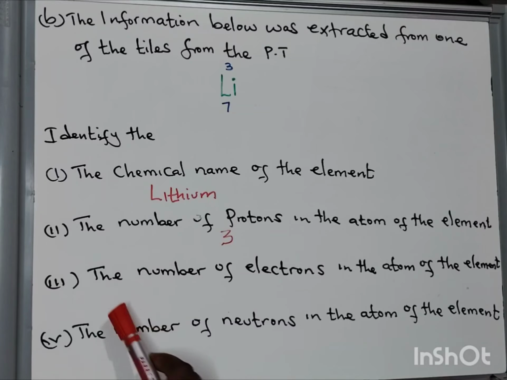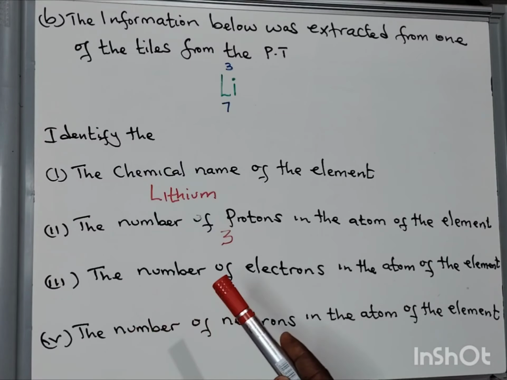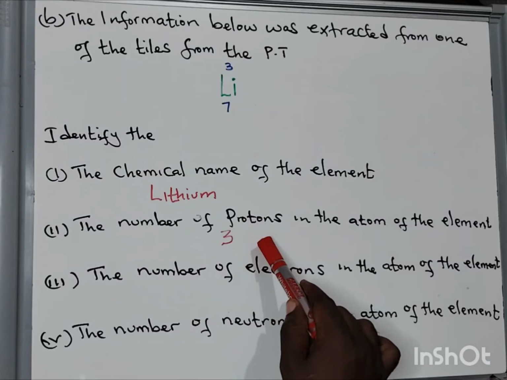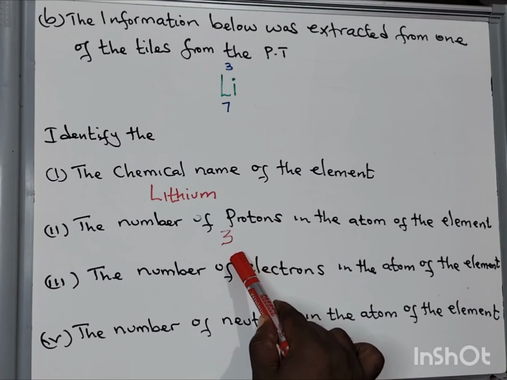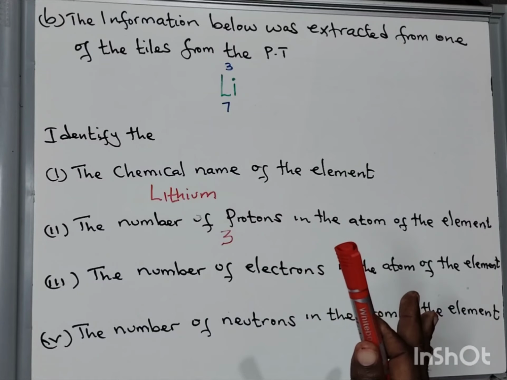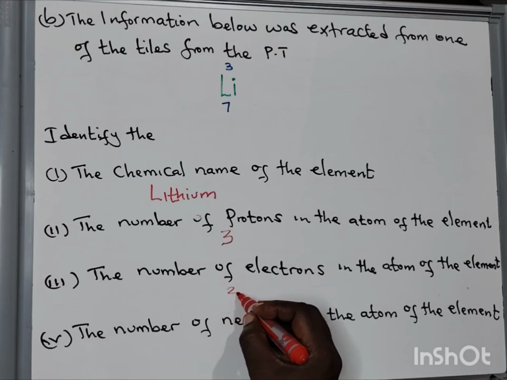Then comes this question: identify the number of electrons in the atom of the element. You have to know that an atom is neutral. So the number of protons, which are positive, is equal to the number of electrons, which are negative. So it is neutral because positive is equal to negative. So what is the answer here? The answer is 3.